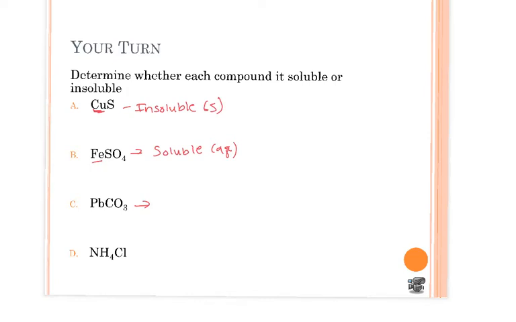It has some exceptions, but lead is not one of them, so this is going to be insoluble. Ammonium chloride. Ammonium here is in our soluble chart, and it has no exceptions. So it's like nitrate. If you see nitrate, ammonium, acetate, or lithium, it is soluble.